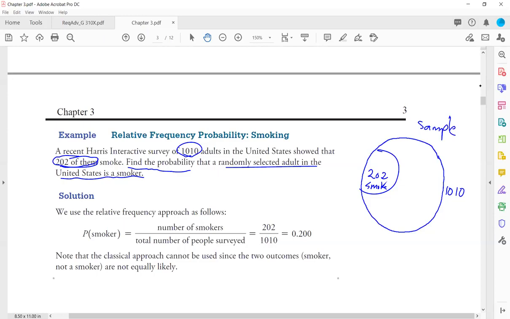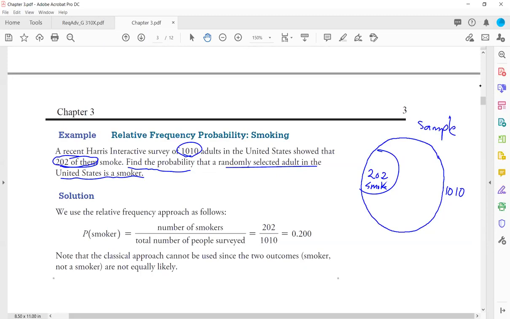Perfect. We just learned a new formula. We learned that the probability of an event is equal to the number of times that event occurs divided by the total number of outcomes in the procedure.